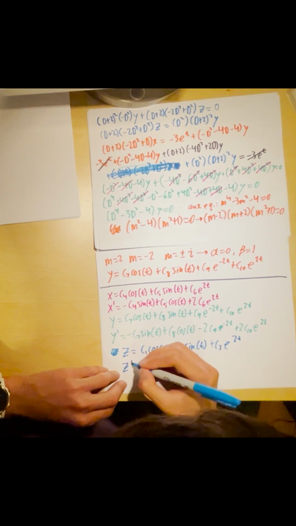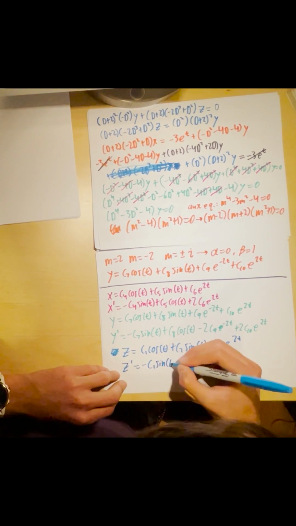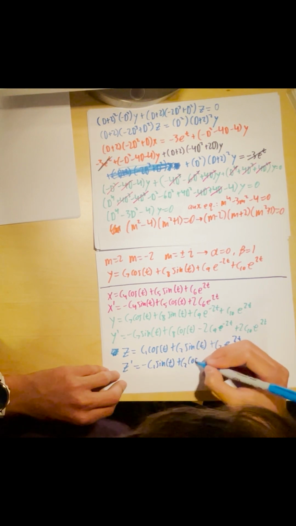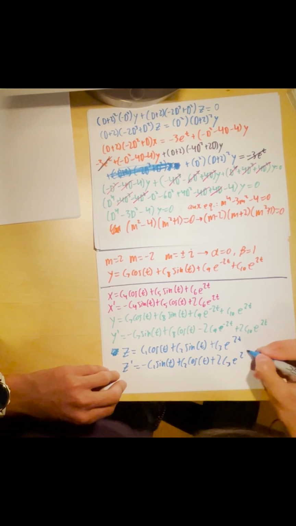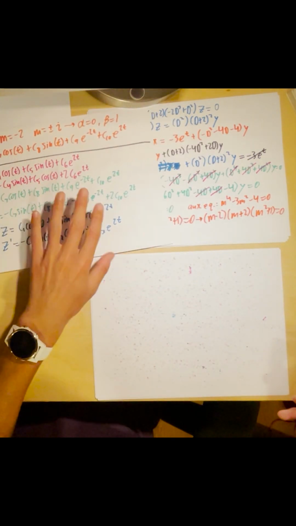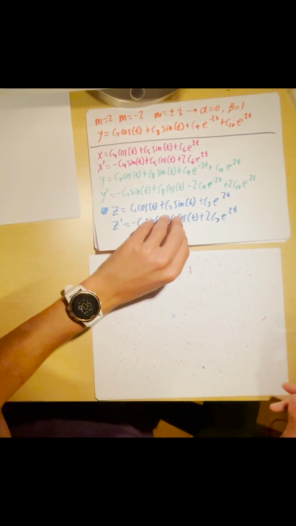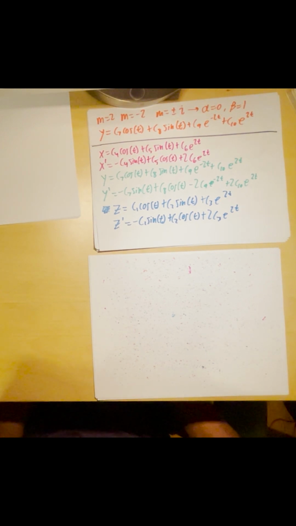Z prime, therefore, is c1 sine of t plus c2 cosine of t plus 2c3 e to the 2t. This is an important one, so I'll put it up here for now, but I'm going to try to keep it in the shot for the rest of this video, because that is the remainder of our work.